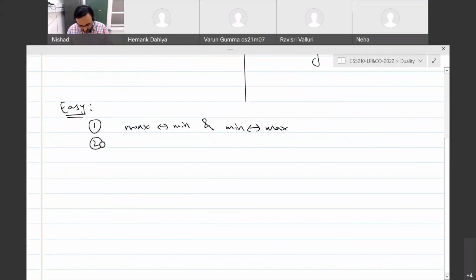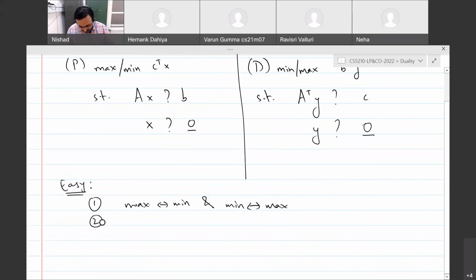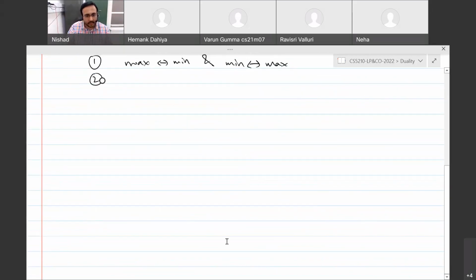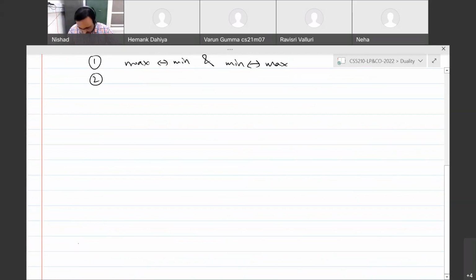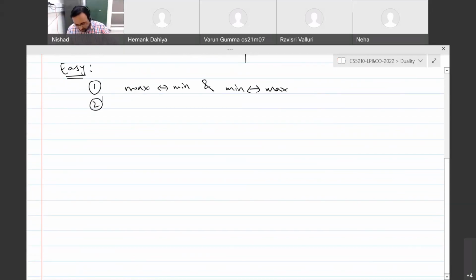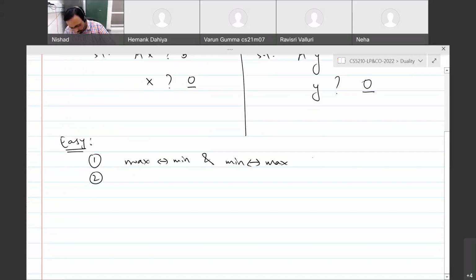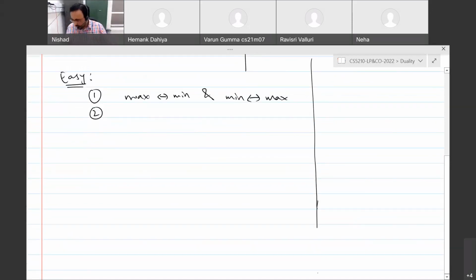Let me also write down one concrete example. I want to have some space over here. Let me put down a concrete example on the right hand side here. I think it will help to have one concrete example. So let's think of the following.